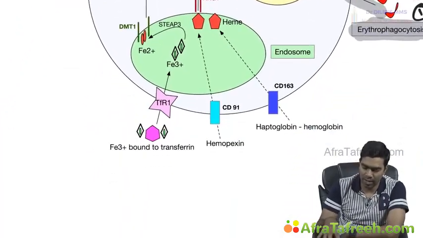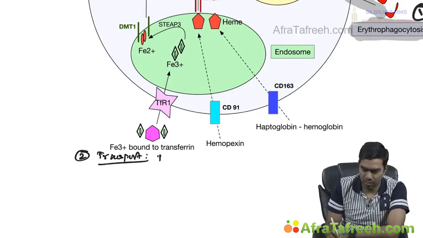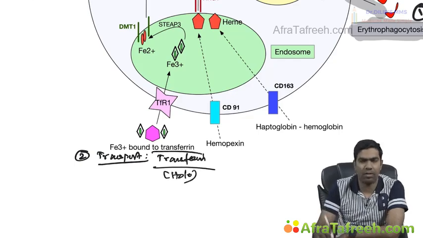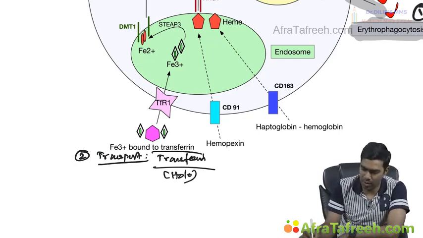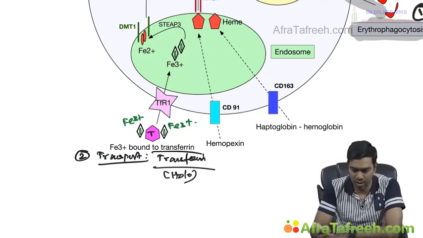The second source of iron which I want to talk about is coming from the transported form, in the form of transferrin, holotransferrin or diferric transferrin. I have drawn two Fe3+ molecules bound to a transferrin molecule. That's why it's called a diferric transferrin or a holotransferrin.